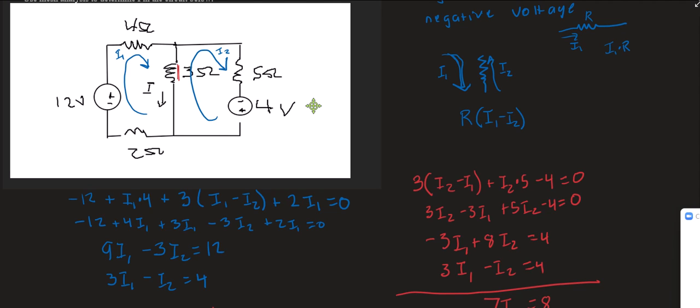Okay, now let's go back and see what it was looking for. So it was looking for I, and the way we have it drawn, we need to be careful because I is not just I1. I is I1 minus I2.